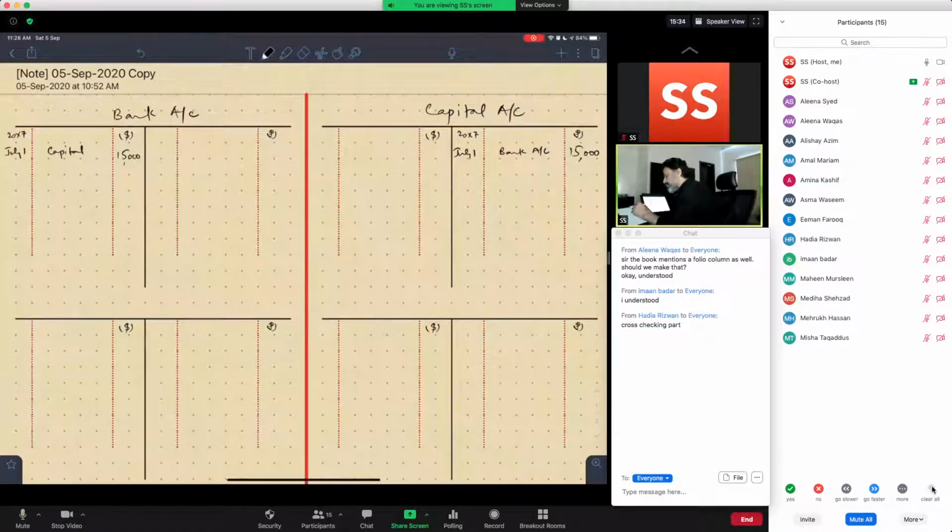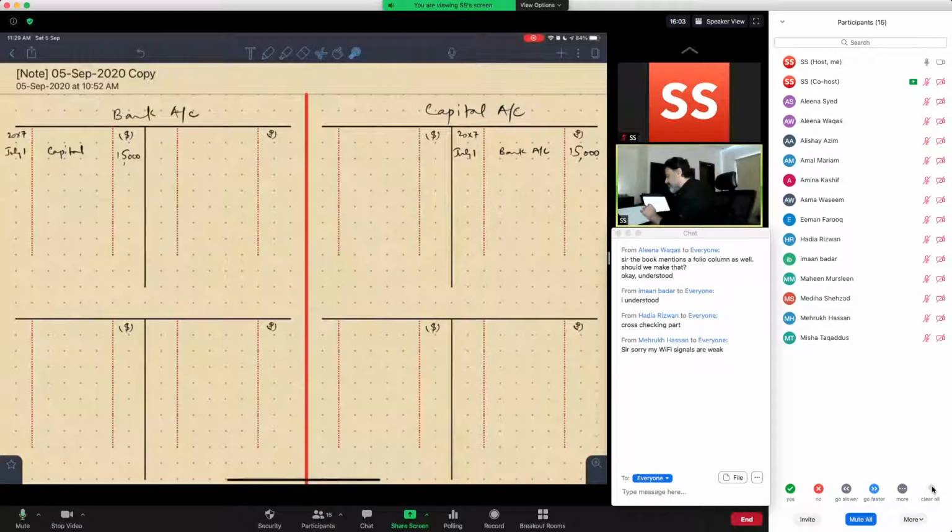It's just that you need to see the complete information in one glimpse. That's why we always refer to the other account involved in a specific one. So if you look at the bank account, you can tell the bank account has been debited with $15,000. All right, Maruf. So you can tell that your bank account has been debited with $15,000 and capital account was credited with $15,000.